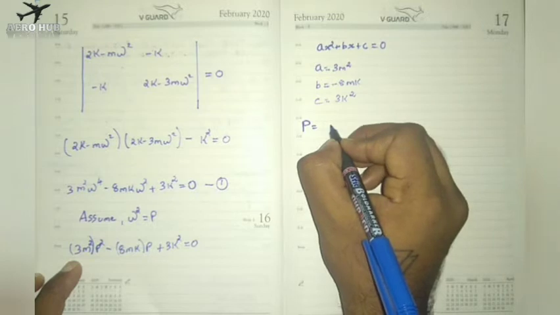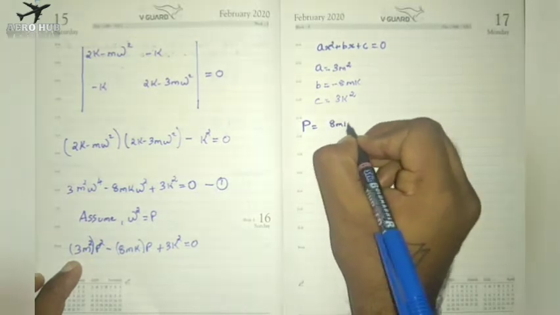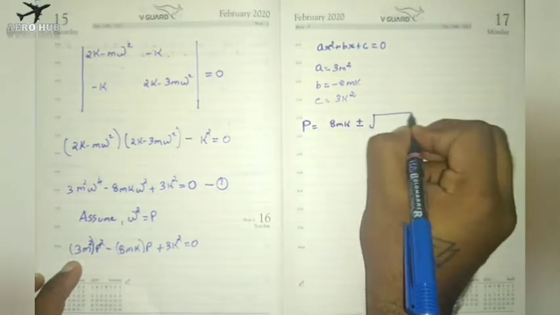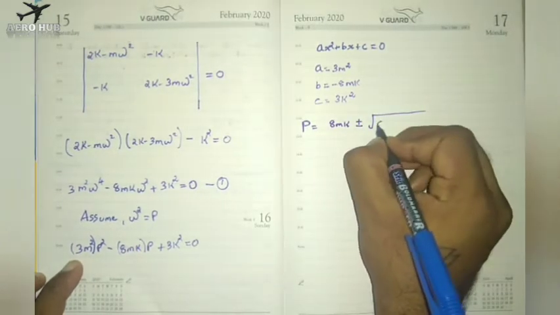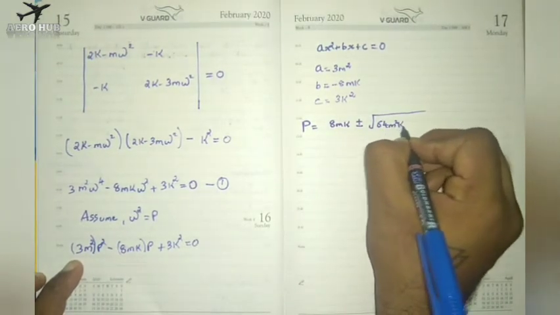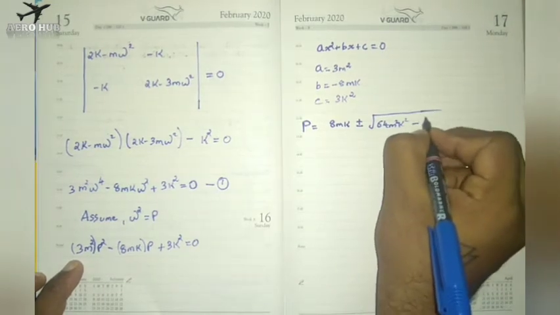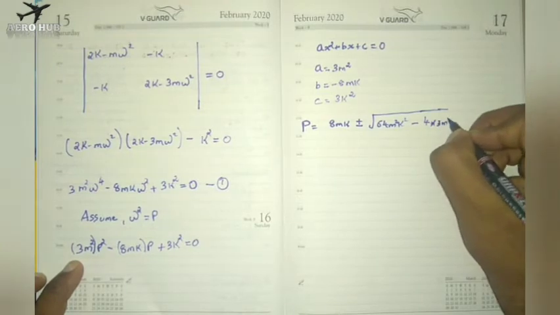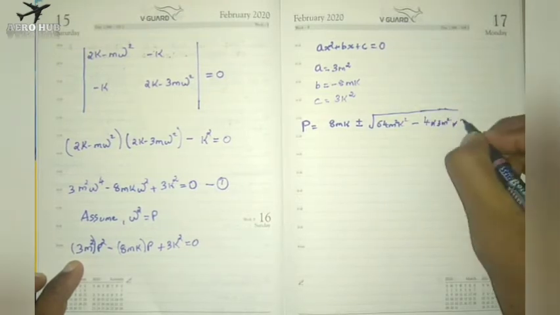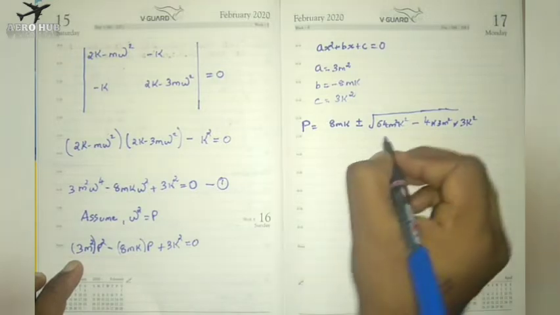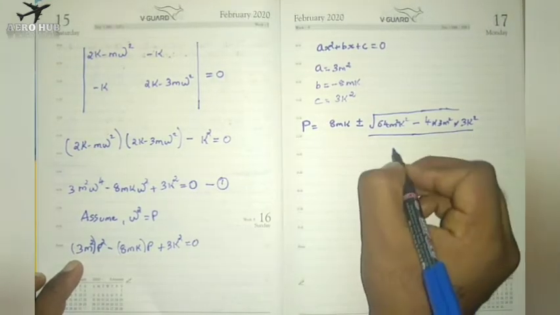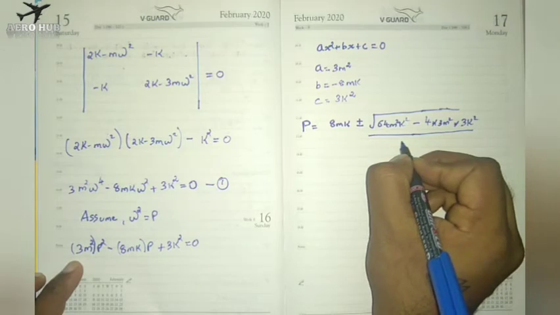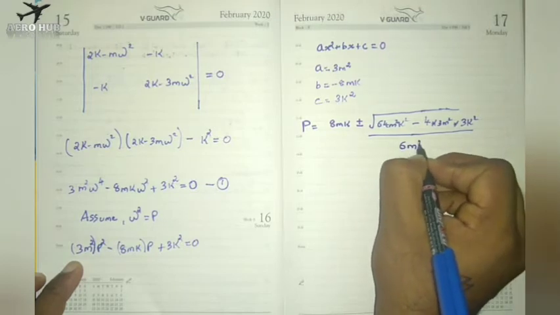To find the roots, we have minus b, that is 8mk, plus or minus root of b square, which is 64 m square k square, minus 4ac, that is 4 into 3m square into 3k square, divided by 2a, that is 6m square.